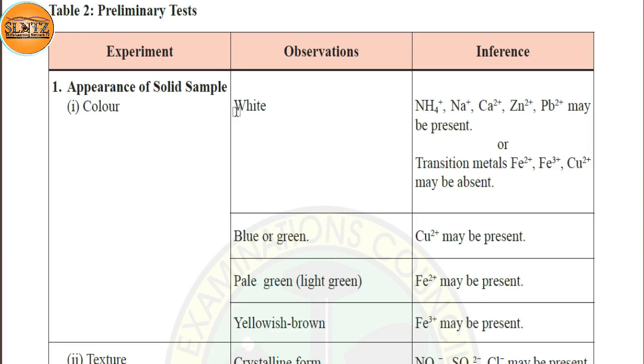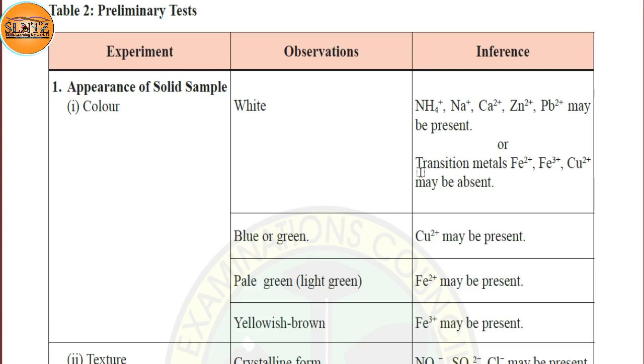If you see white, the inference is that ammonium, sodium, calcium, zinc, and lead may be present, and there is absence of transition metals, which are iron 2, iron 3, and copper 2 ions. Those may be absent.